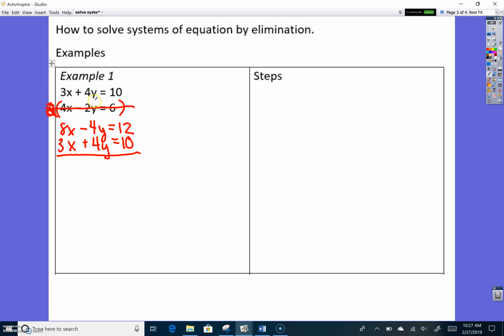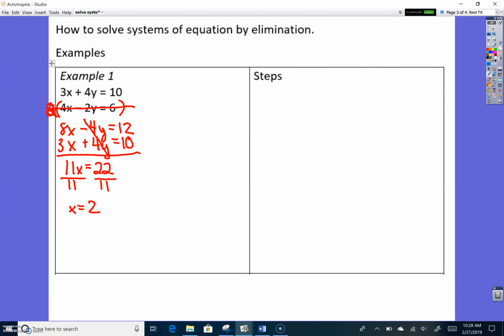They both have the same number. They can cancel. So I have 11x equals 22. You divide by 11, and x is equal to 2.